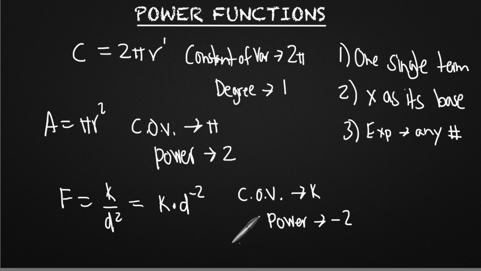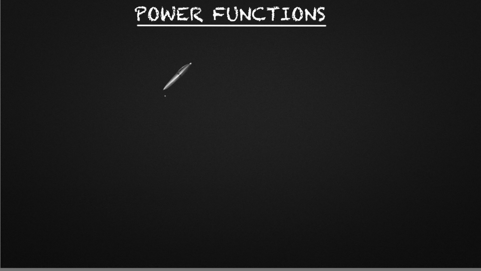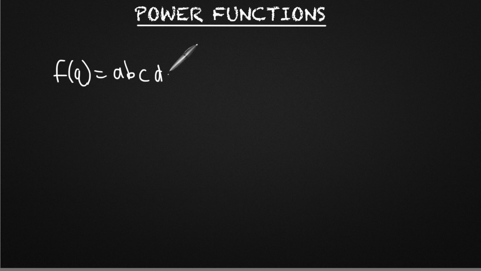Now, let's say I clear all that out. Let's say that I give you this function, f of q equals a, b, c, dog, cat, q. Now, f of q means q is the only variable in this equation.